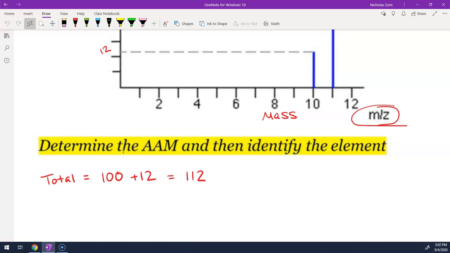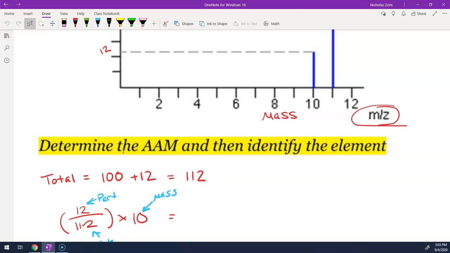And then we're going to follow the same pattern that we did before. So we're going to take the mass, and we're going to multiply it by the intensity. So for 10, we're going to do its intensity, which is 12, over the total intensity, which is 112, and then multiply it by the mass. There's a lot going on here. So this is the part over the whole, and then this is the mass right here.